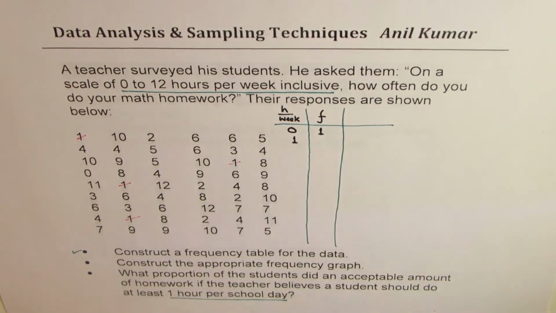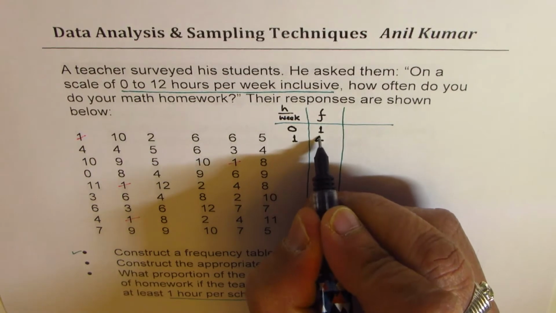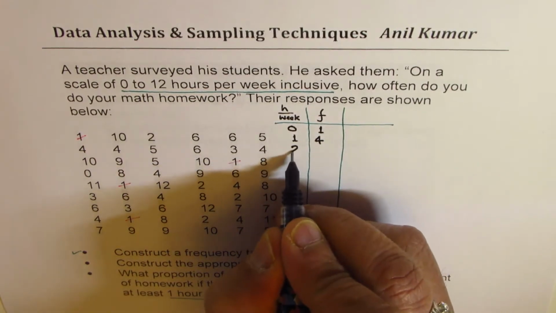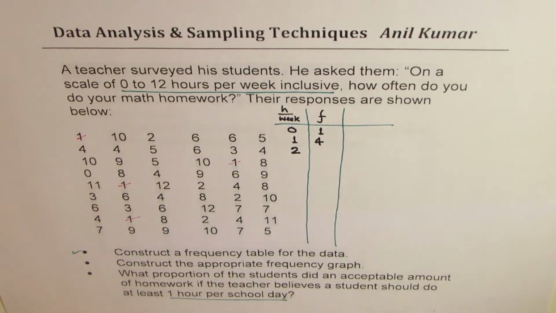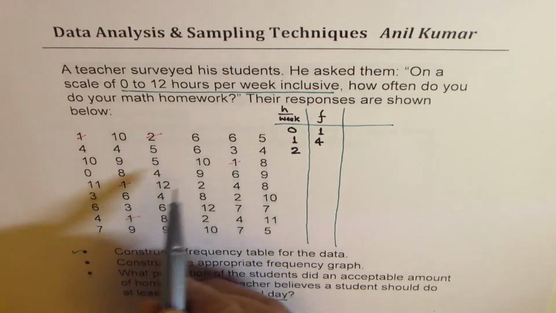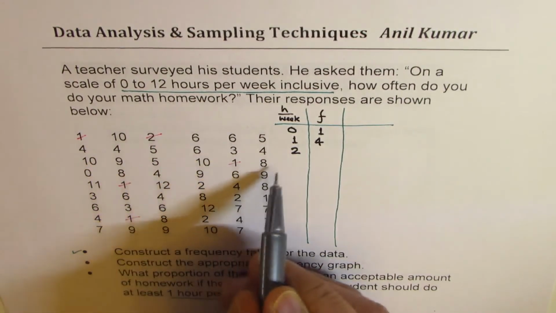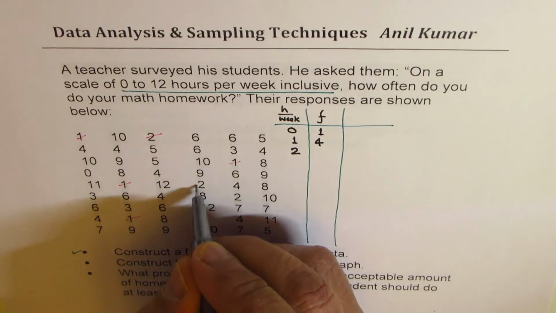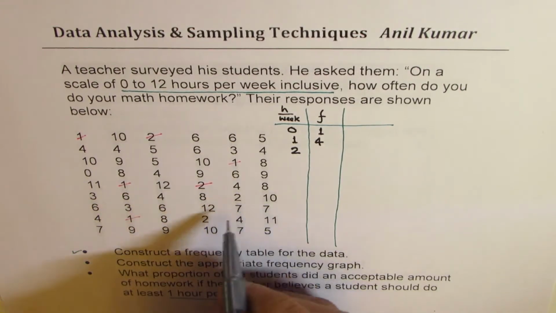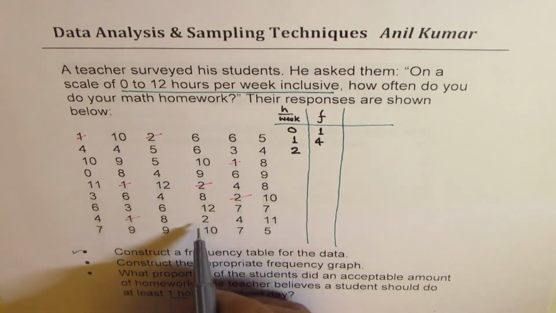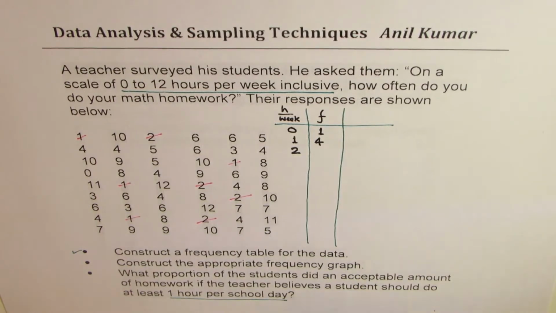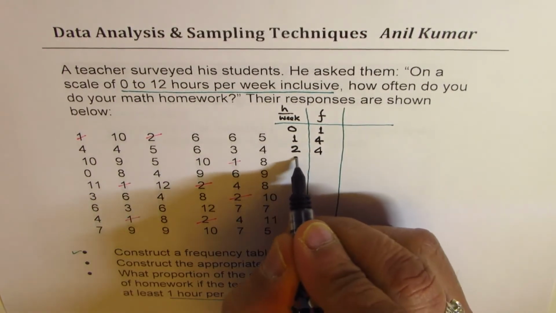So I'll write the number 4 for the number of ones, correct? Now we'll count how many 2's are there. So you can go in a sequence. 2, 3, and 4. So we got 4 2's. Number of 3's.